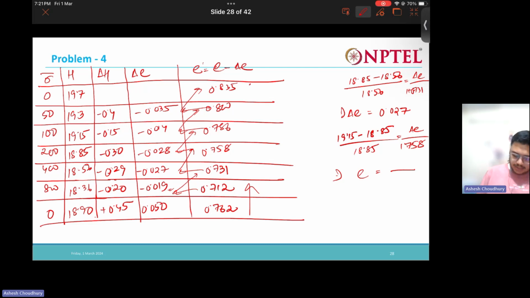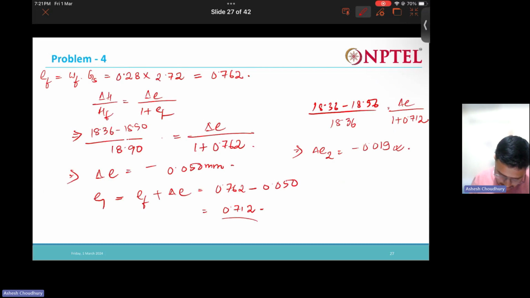Just take two pairs and then keep on calculating, because our relation is something like this: delta H by H is equal to delta E by 1 plus E. So from here we are finding delta E.